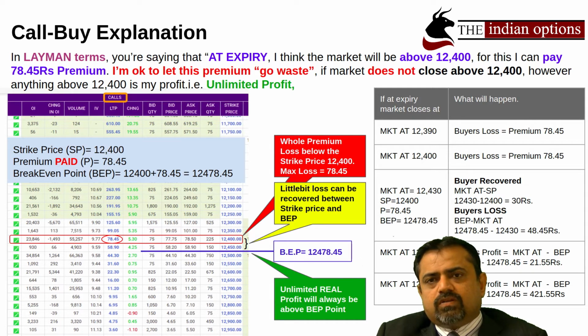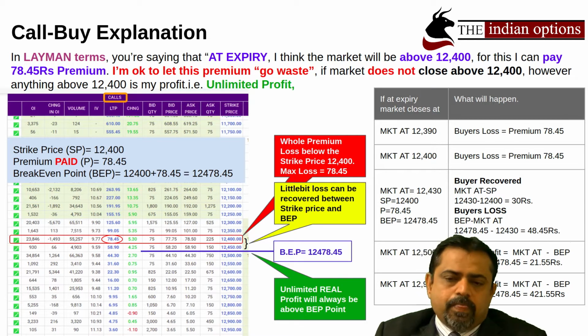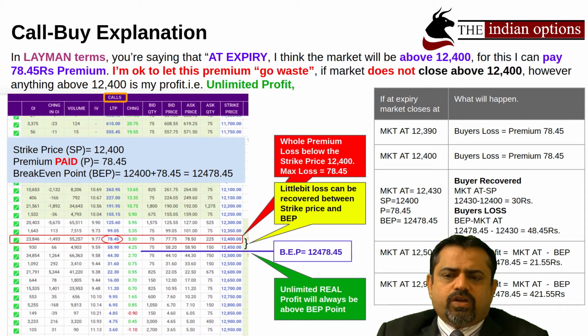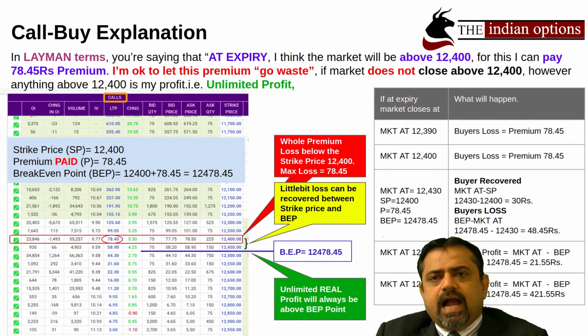It makes 12,478.45. Okay. Now, what this call buy strategy is, in layman's terms, is that you are saying that at expiry, I think the market is going to go above 12,400. For this, I pay the premium of 78 rupees and 45 paise.